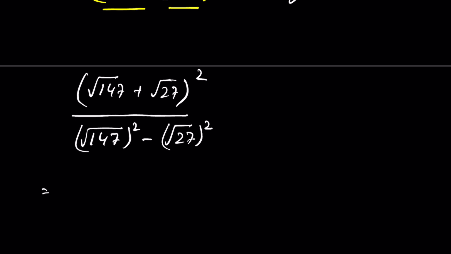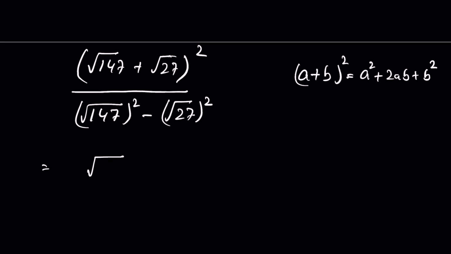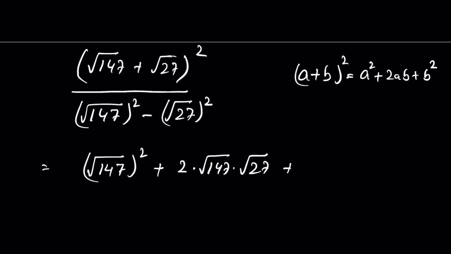Now a plus b whole square, we can expand as a square plus 2ab plus b square. So we can write it as square root of 147 square plus 2 times square root of 147 times square root of 27 plus square root of 27 square.